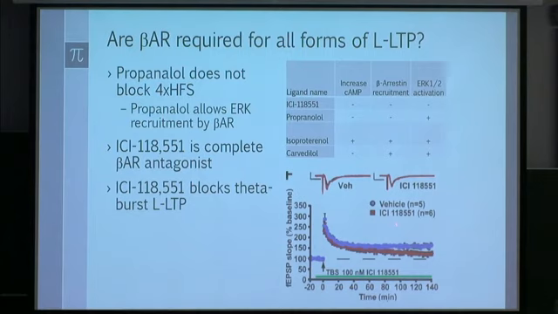And this shows that it blocks a different type of LTP that I haven't talked about, theta burst. So here's the vehicle control, and here's the ICI producing this decrease. And this theta burst is another electrical form of LTP that does not require bath-applied isoproterenol.